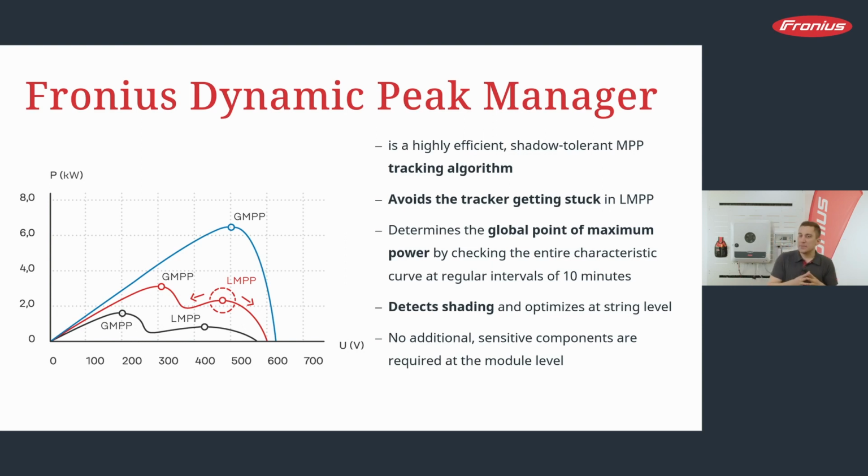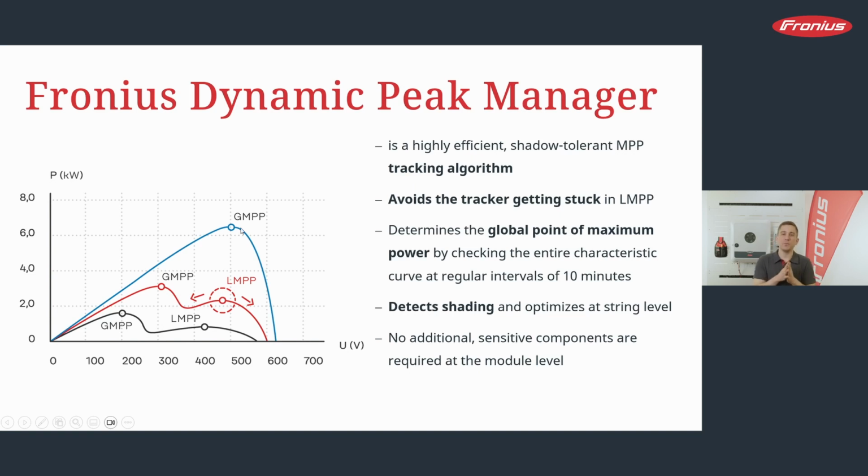How does the Dynamic Peak Manager work? First of all, let's talk a little bit about the IV curve of a PV system. In this IV curve you see this blue line, and this is the IV curve of an optimal, not shaded situation. In this situation the inverter will track to the global maximum power point, the GMPP.